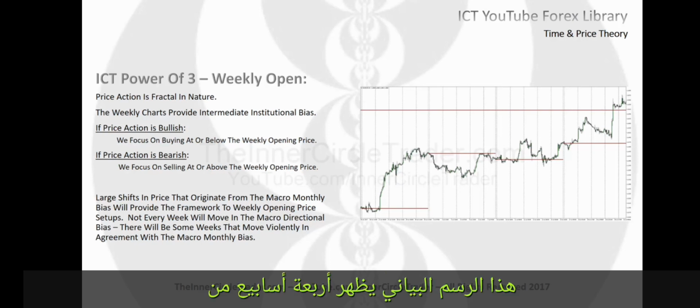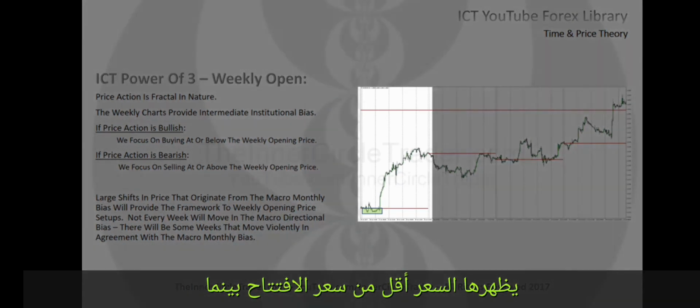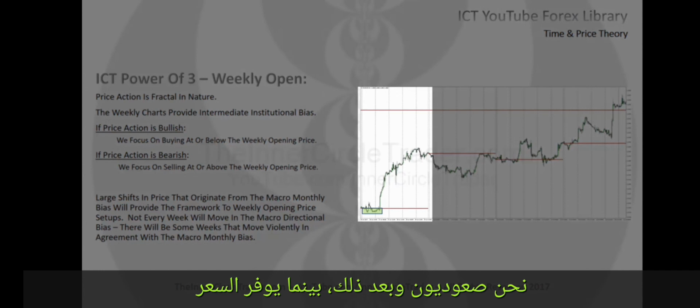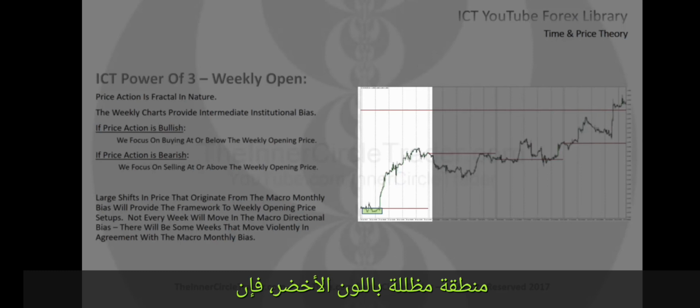Okay, this chart shows 4 weeks of price action, and I've highlighted or delineated the opening price for every respective week here. And I want you to take a look at the response. That price shows below the opening price while we're bullish, and then price makes a really nice buying opportunity here in that green shaded area and it really vaults higher.